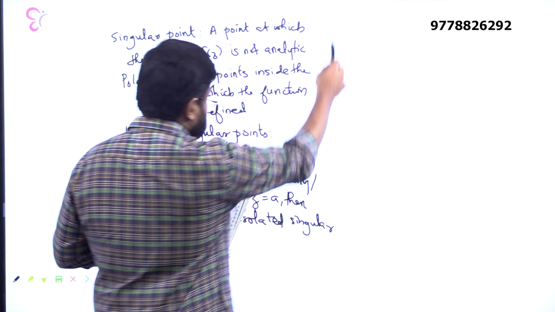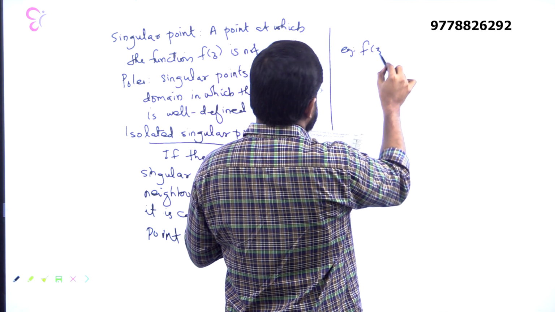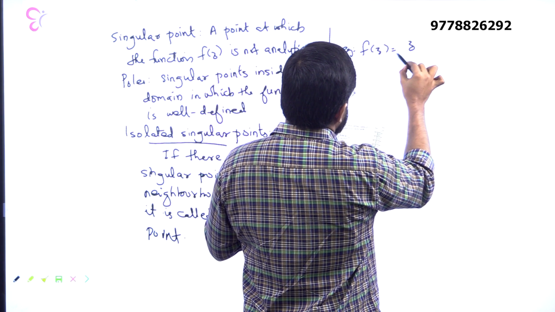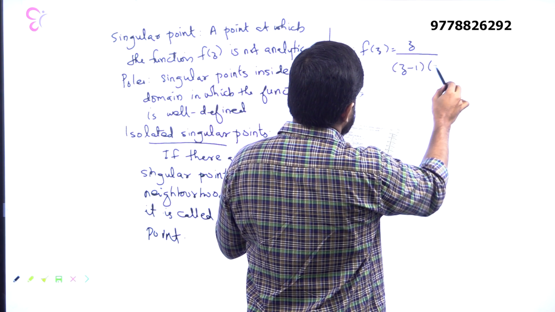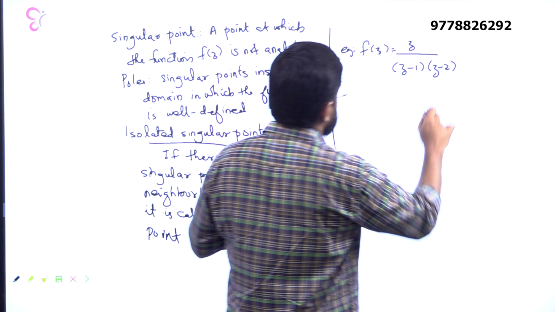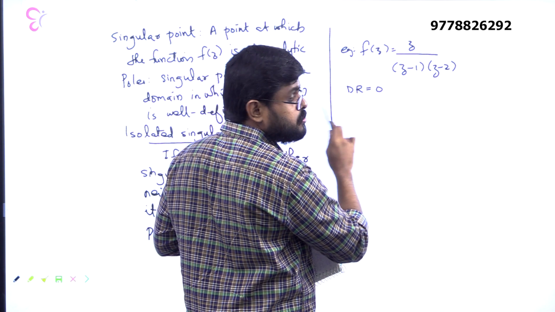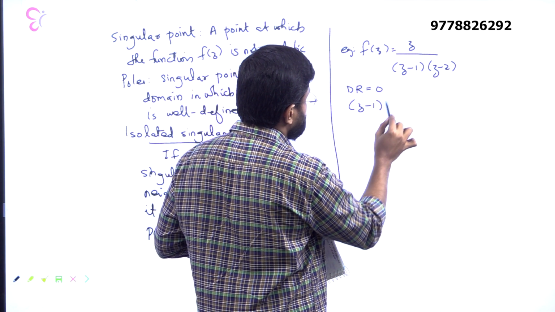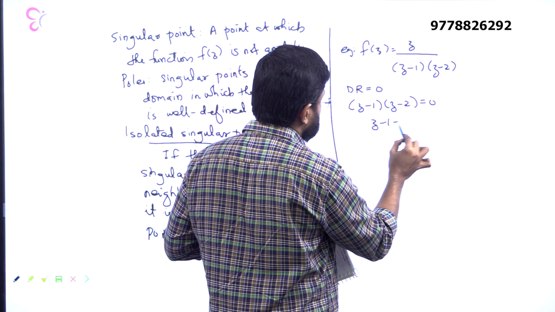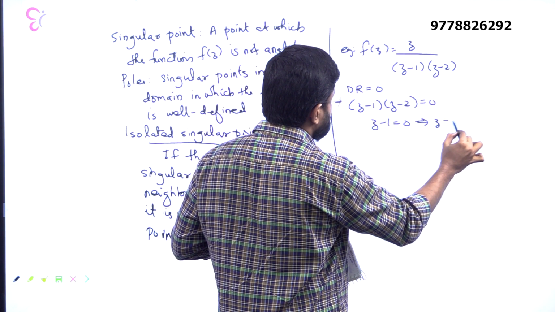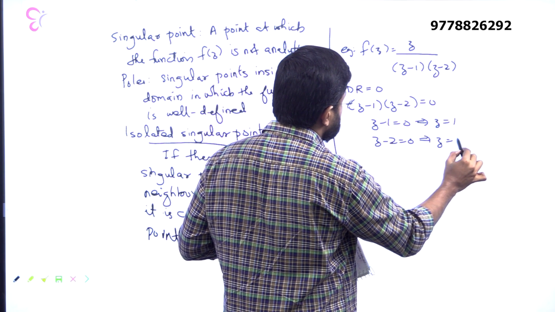Clear? So, for example, consider the function f of z is equal to z divided by (z minus 1) into (z minus 2). What are the singular points? To find the singular points, we substitute the denominator equal to 0. That means (z minus 1) into (z minus 2) is equal to 0. So z minus 1 is equal to 0 implies z is equal to 1, and z minus 2 is equal to 0 implies z is equal to 2.